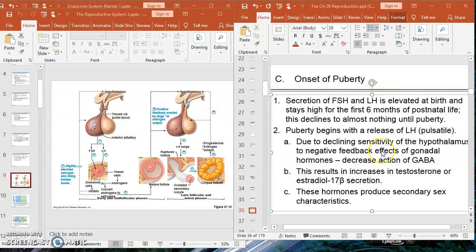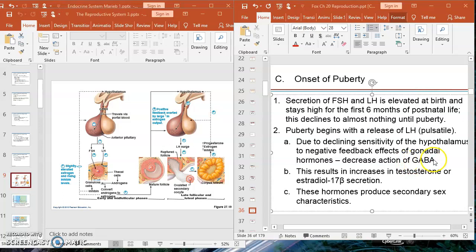So again, puberty begins because of the decreased action of gamma-aminobutyric acid, which is a neurotransmitter, and that seems to be what's inhibiting the pituitary from secreting the LH. For some reason, the sensitivity to the GABA goes down, and that releases the pituitary from that effect. Now, the other thing is it appears that the kisspeptins.